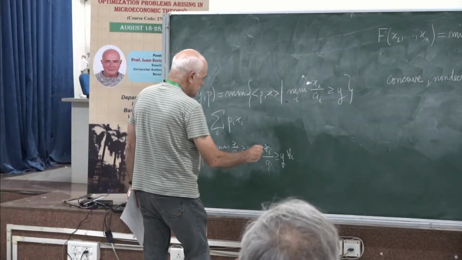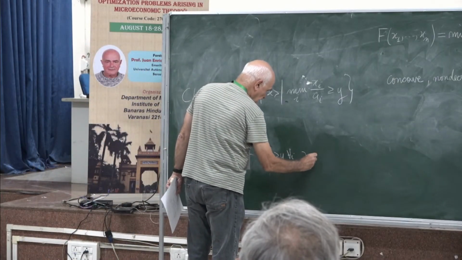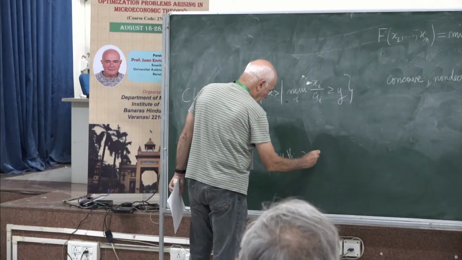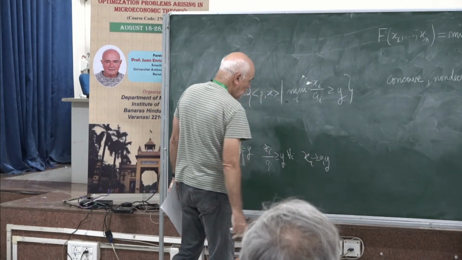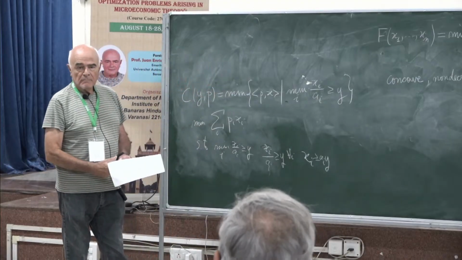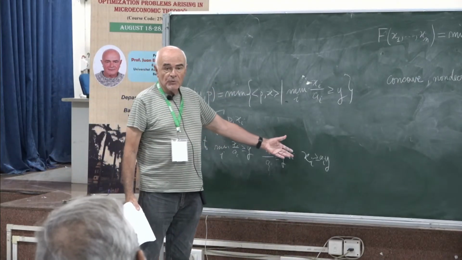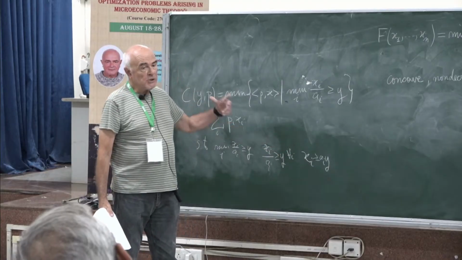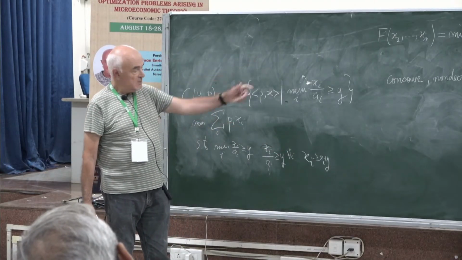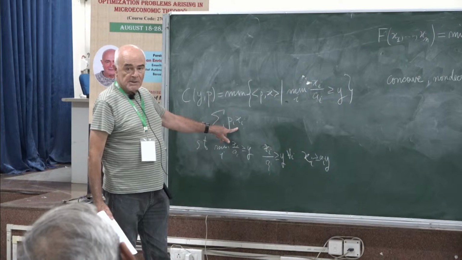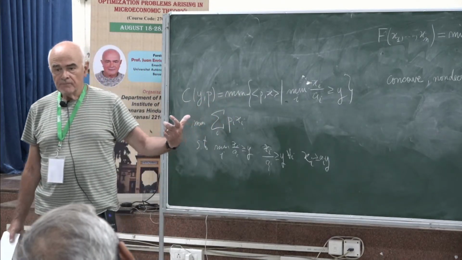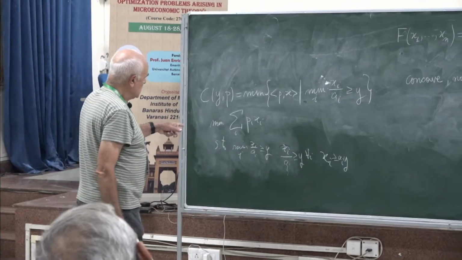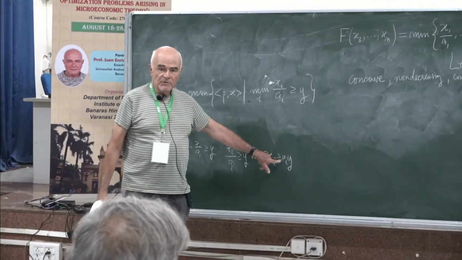So we have xi greater than or equal to ai y. So there is only one constraint for each variable in which no other variable appears. And we are minimizing this sum, so we can minimize separately each term. So the optimal solution is when we have equality here.